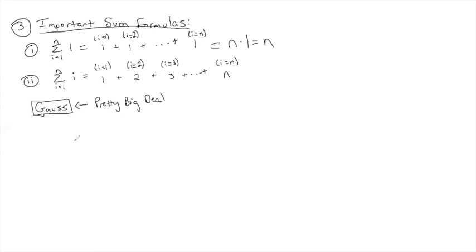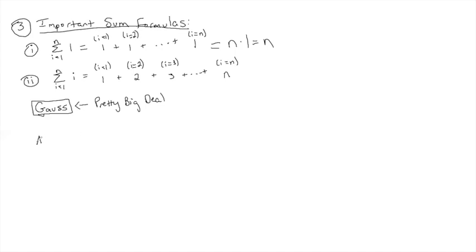And just one of the examples of his brilliance is when he was in elementary school. Now, you'll hear people tell this story, and he seems to get younger every time you hear the story, but he was in first grade or kindergarten or something like that. And his teacher was annoyed with the class. And he said, okay, here's an assignment to shut you up and get you off of my nerves.